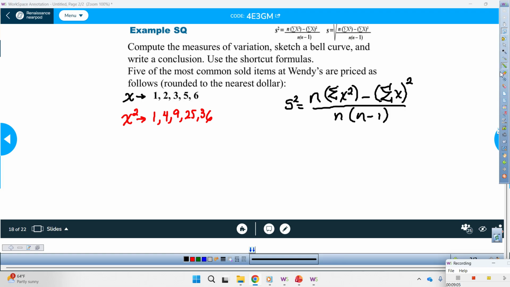First things first, I'm going to highlight inside of the first parentheses in pink. If you have red or pink, highlight it in red or pink. So I need the sum of all x squares. So look up, please. That means that I need to look up, find the sum of all x squares.